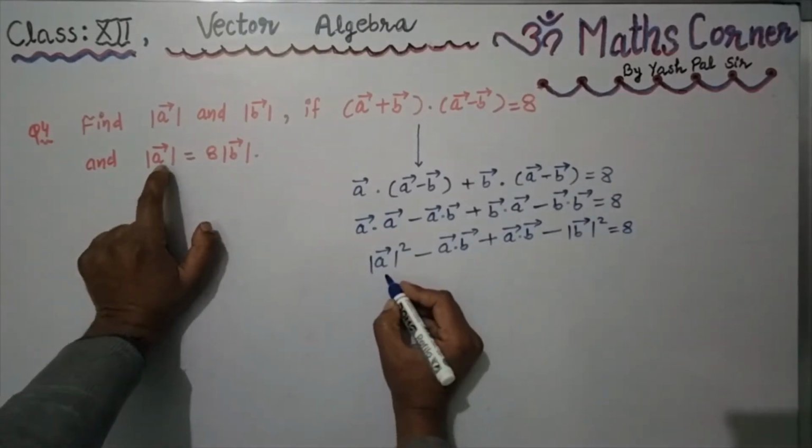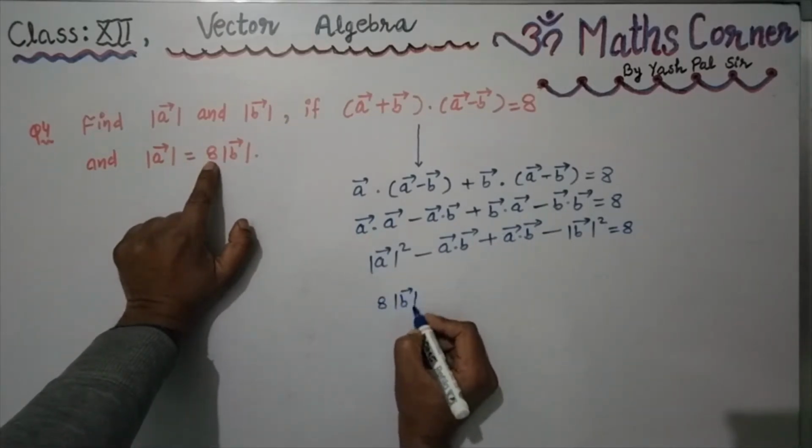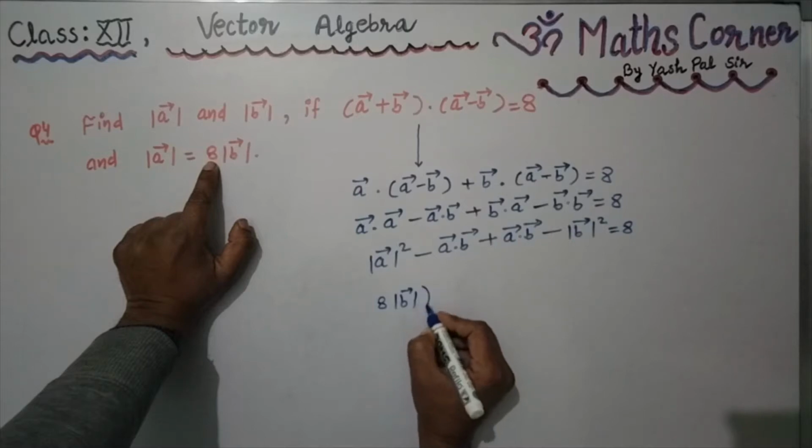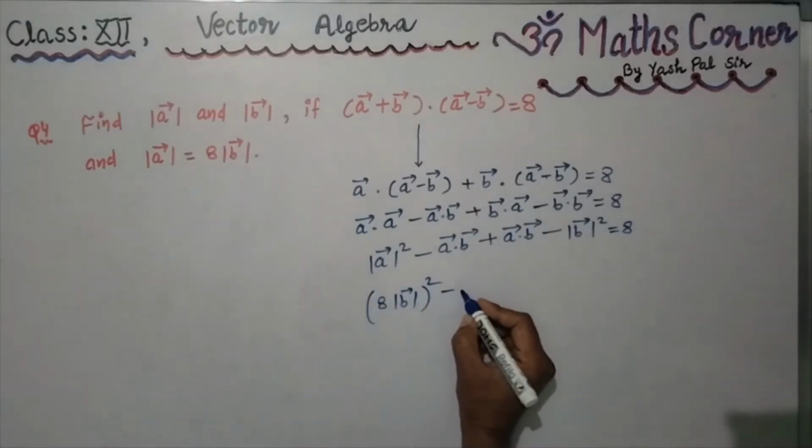Now magnitude of A is 8 into magnitude of B, its whole square, minus.